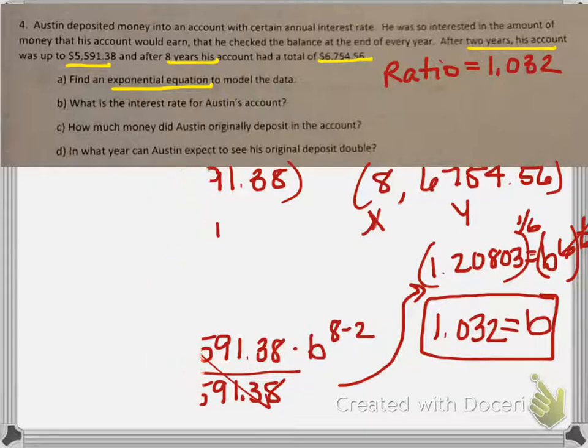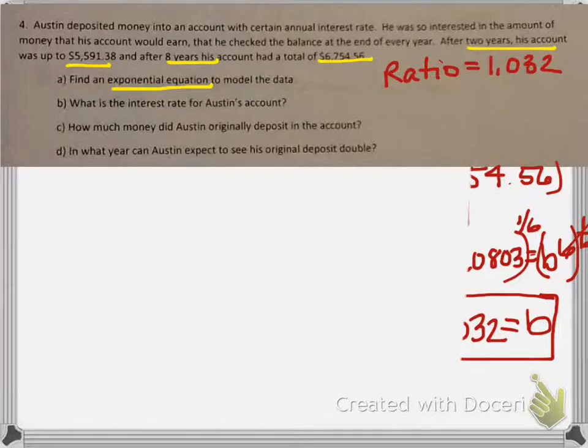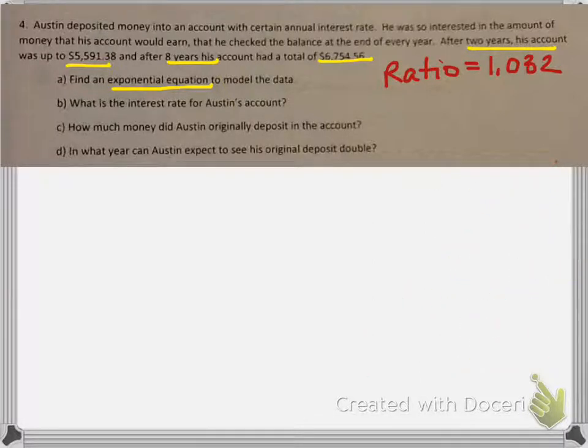If you need to rewind, pause, you know the drill by now. Go back and go ahead and do that. Okay, so did I answer the question? No. Find an exponential equation. So all I did was find a ratio, but now I use that ratio and one of my points to write the equation.